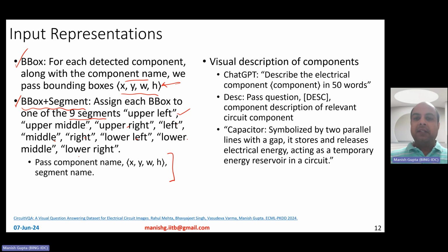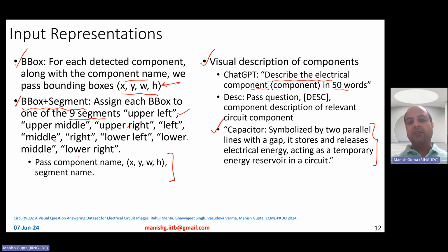Lastly, we could also get a visual description of components. So what we did was to first figure out what all components are present in this image. We went to ChatGPT and generated electrical component descriptions in 50 words. For example, for capacitor, this is the description that ChatGPT generates: symbolized by 2 parallel lines with a gap. It stores and releases electrical energy, acting as a temporary energy reservoir in a circuit.